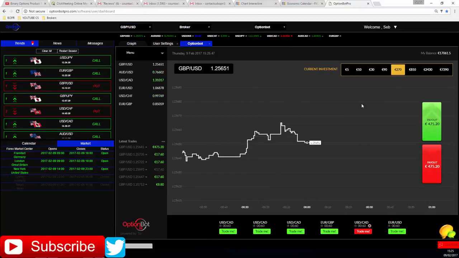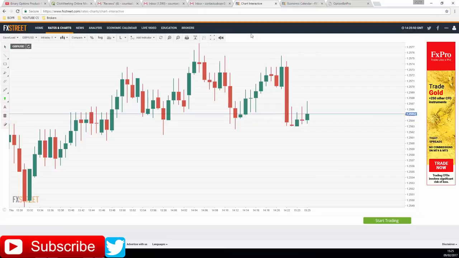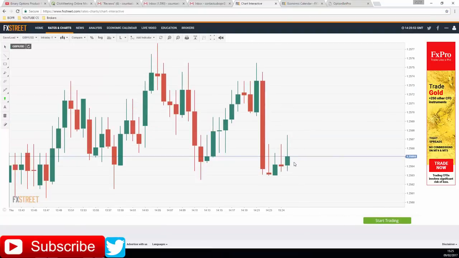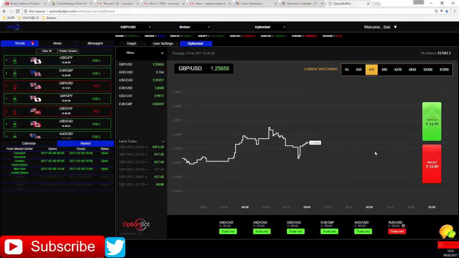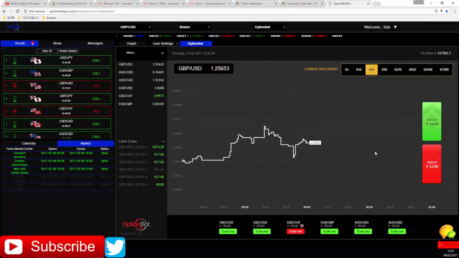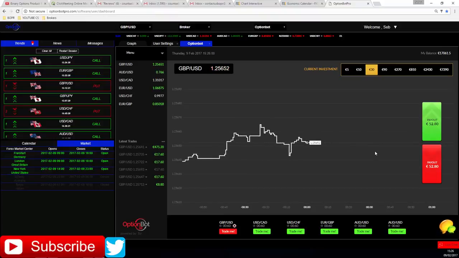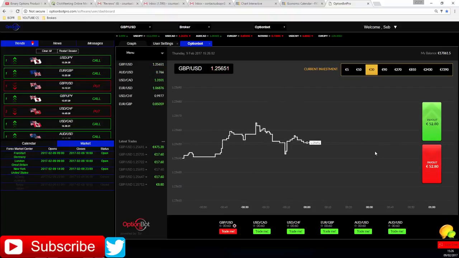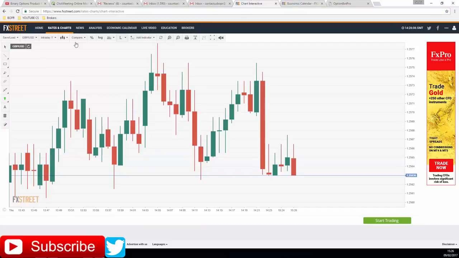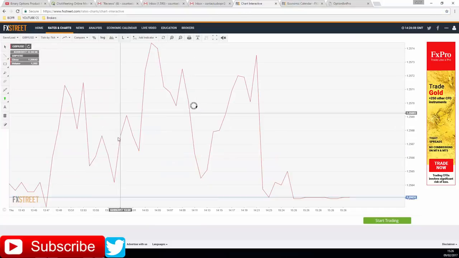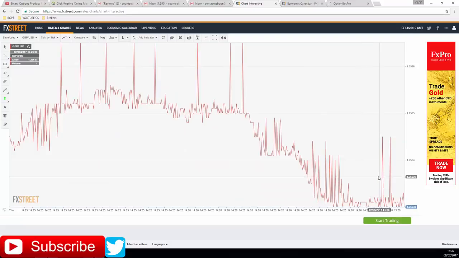Looks like it's starting to go back up now and recuperate itself. Oh my god, it's dropping. Wow. Because if I place a trade, I just want to double check that there's not big fluctuations.